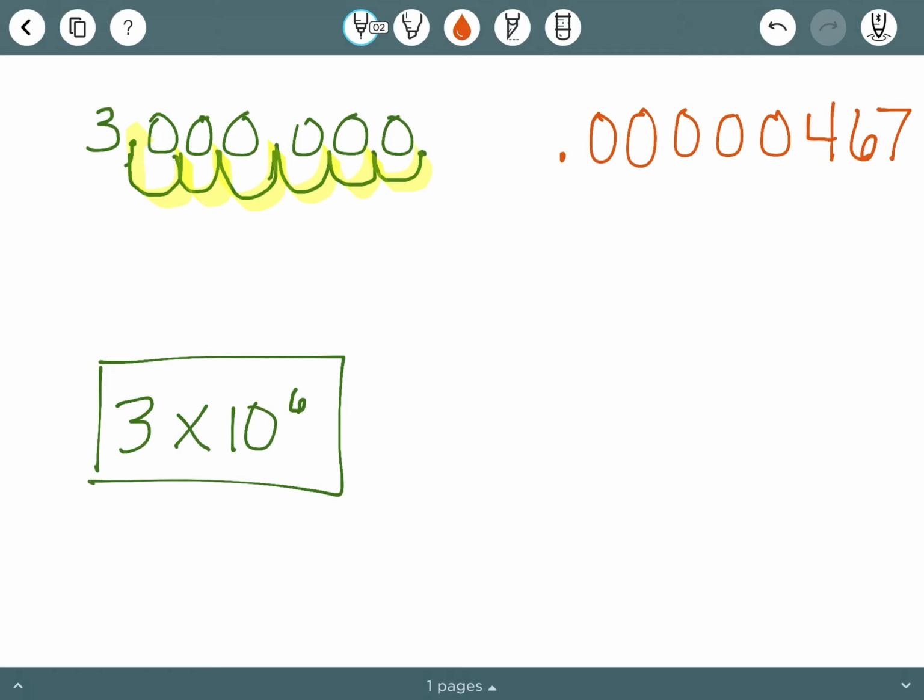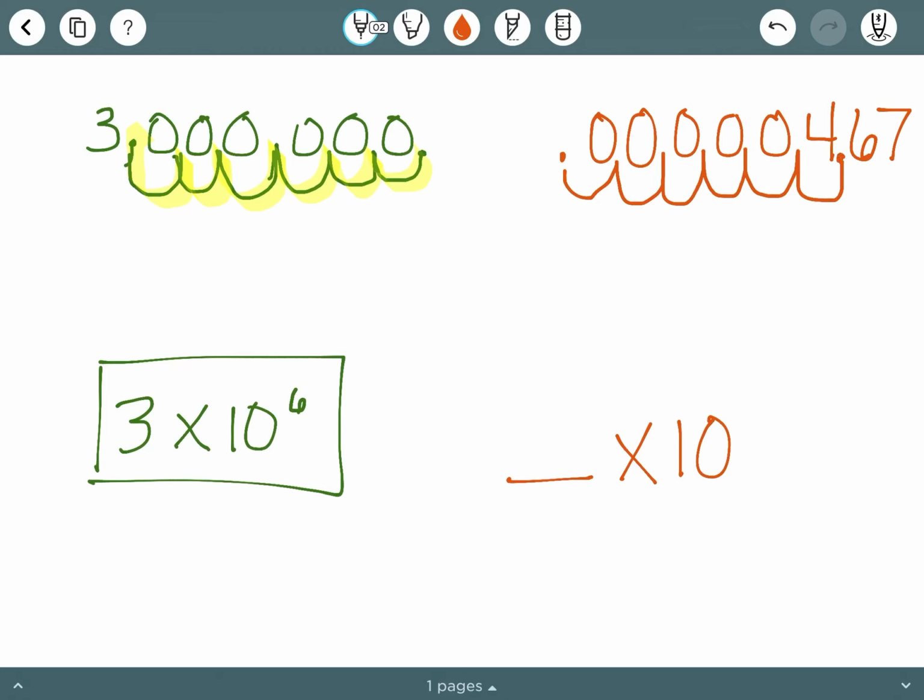So again, we want to move this decimal, but this time we are going to be moving to the right because we still want to have a leading digit between 1 and 10, and it's going to be multiplied by a power of 10. Now, we don't know what power of 10 yet. So let's move that decimal until we get it in between numbers that give us a number that is greater than 1, less than 10.